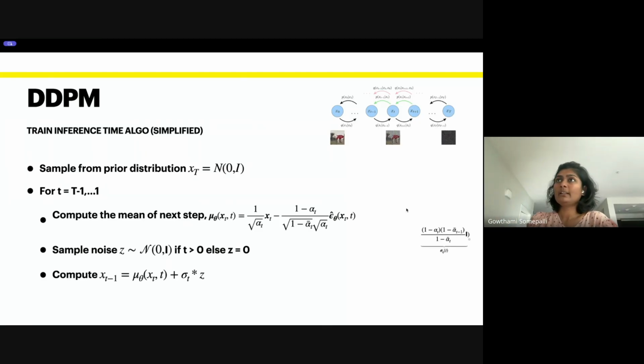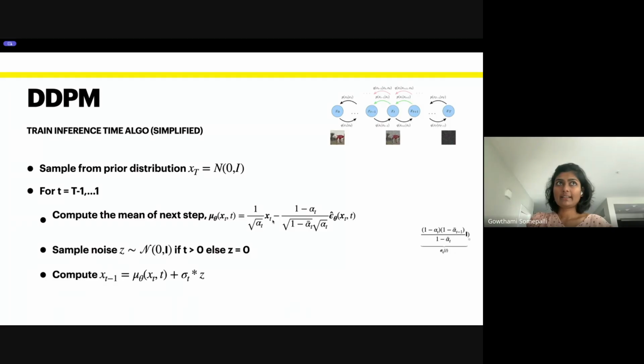Because we decided we will set the variance of this distribution to be the same as this distribution, and this one has a closed form. So this is the variance, which I just showed on the side here. To reiterate, the mean of that distribution is this one, and the variance of that distribution is this one. So we can technically compute it.